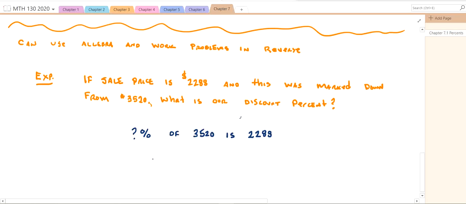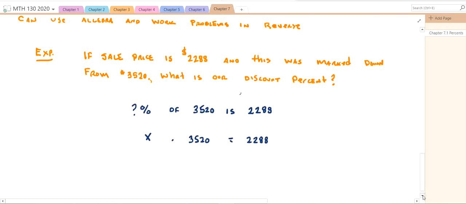Okay, so if we turn this into an equation, this is like x times 3520 equals 2288. If you always do these equations like this, you'll be less likely to get confused and accidentally divide or multiply when you shouldn't. So in this case, x equals 2288 over 3520.